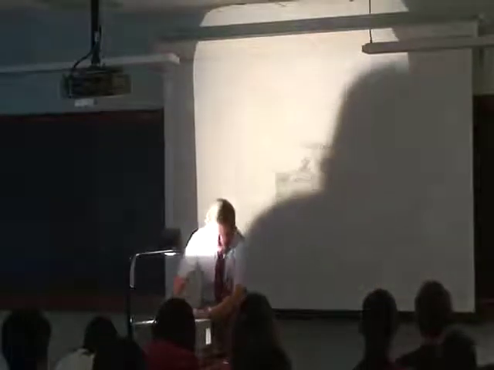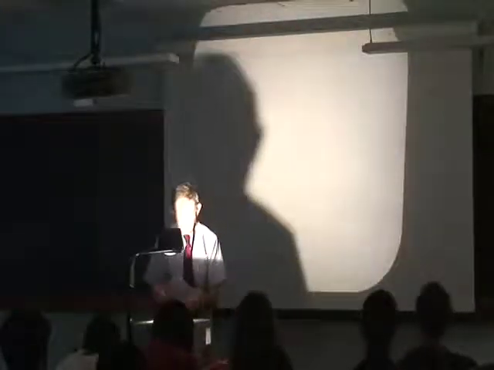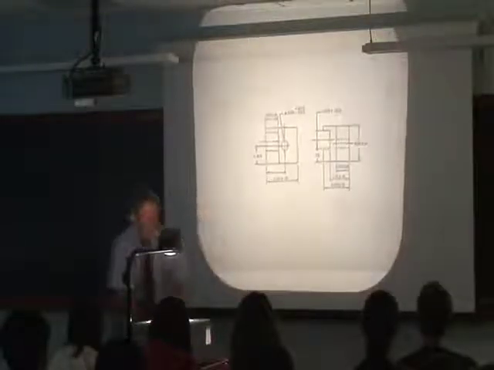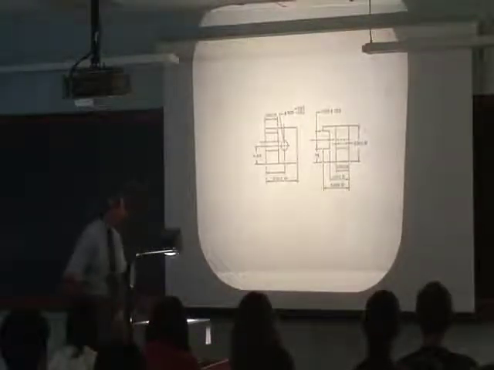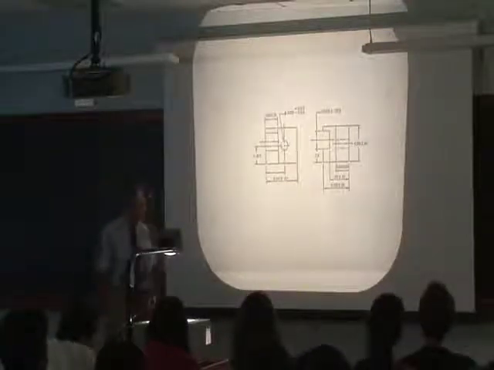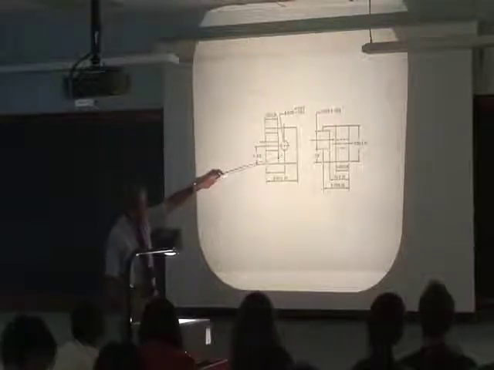Now, this is a typical drawing of 1900, and this is what I learned to make when I was a student. So you see a part defined by orthographic views.